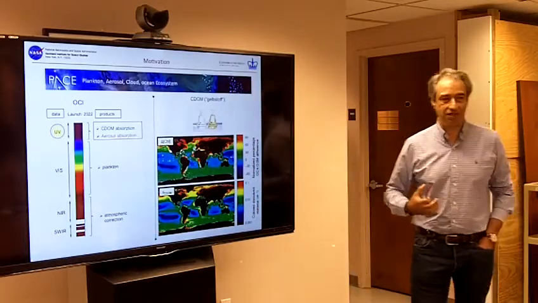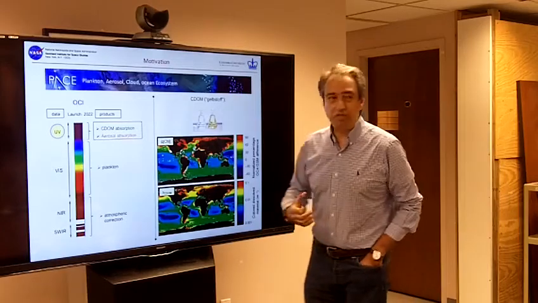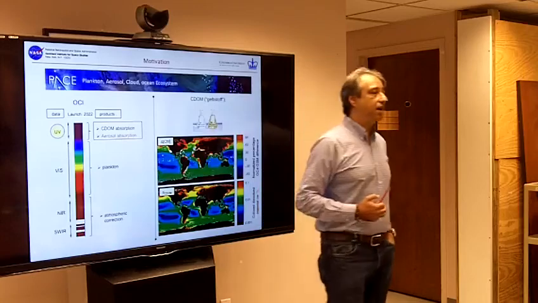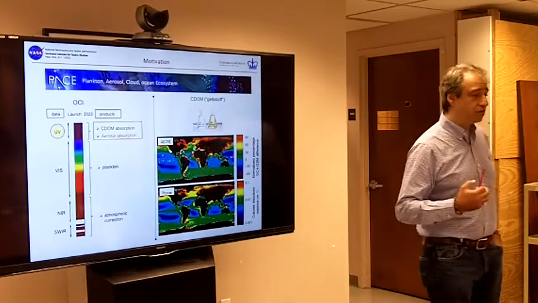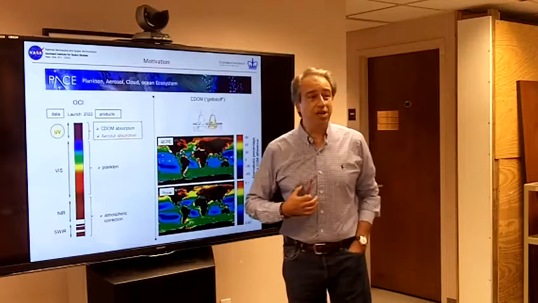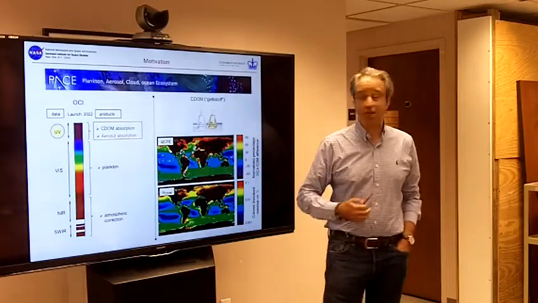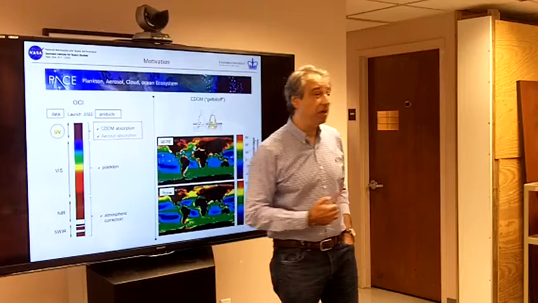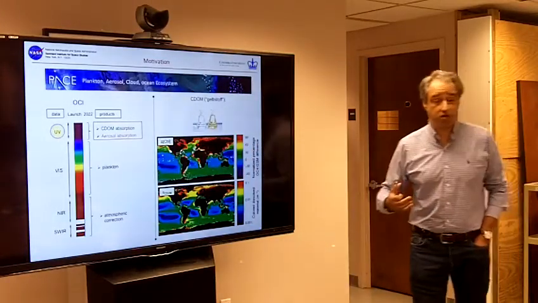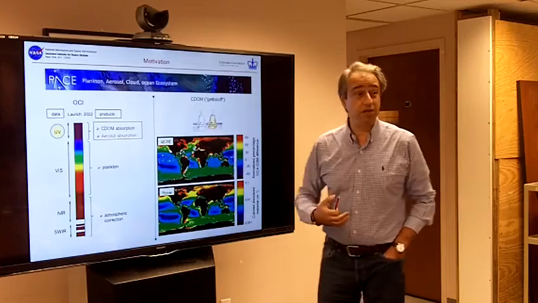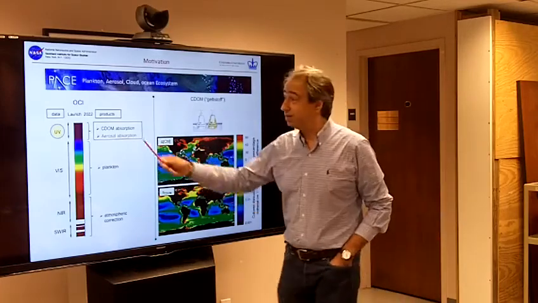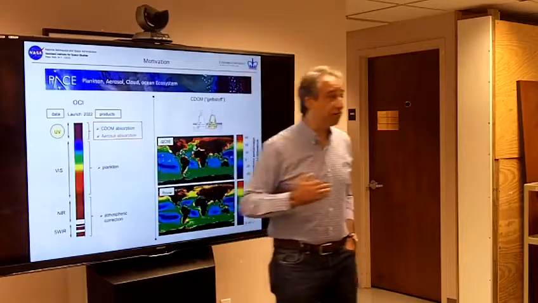It's not that sensitive, and the reason is that there's not much multiple scattering going on in the near infrared, and so the aerosol absorption impact on the top of the atmosphere is not really enhanced by means of multiple scattering. If you go towards the UV, you have much more multiple scattering in the atmosphere, and that is because the molecular optical thickness increases several folds.